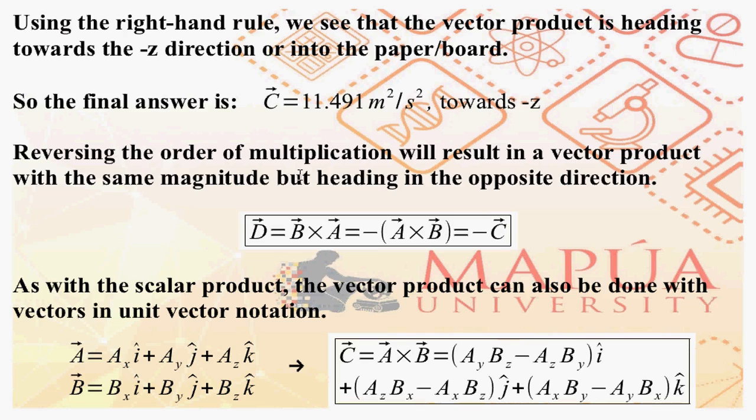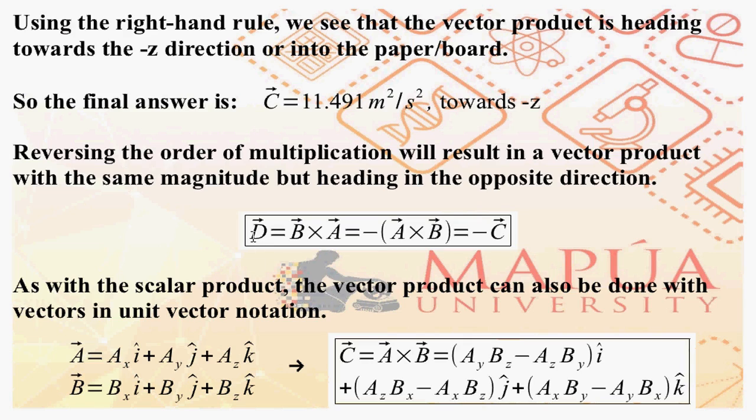Unlike the scalar product, if you reverse the order of the multiplication, it will result in a vector product that has the same magnitude but heading in the opposite direction.